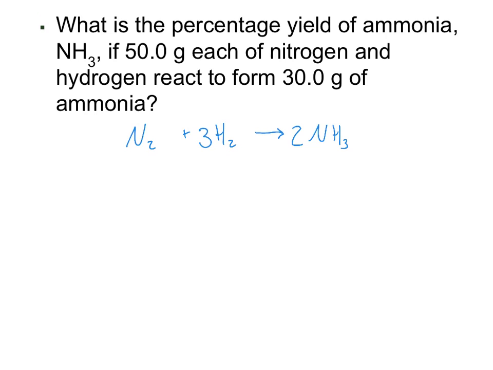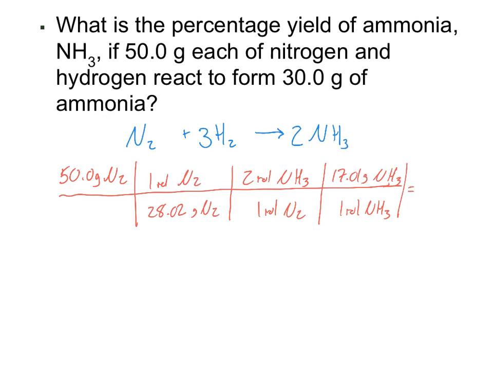And so first I'm going to start with my 50 grams of N2, and I'm going to set up my stoichiometric problem, and I find that starting with 50.0 grams of N2 will theoretically yield 60.7 grams of NH3. Next, I'm going to do the same thing, but based upon my 50.0 grams of H2.